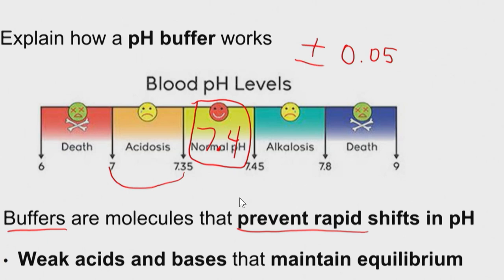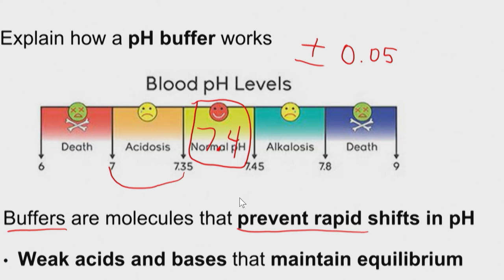That's this bottom example here. So we were talking about being in acidosis here. This is this bottom situation. So you want to bind up those H plus ions and get them out of there as quickly as possible. And the opposite is true on the upper end of the scale.